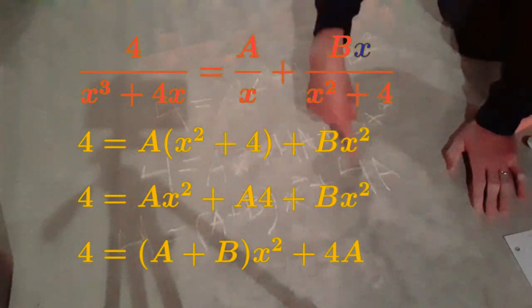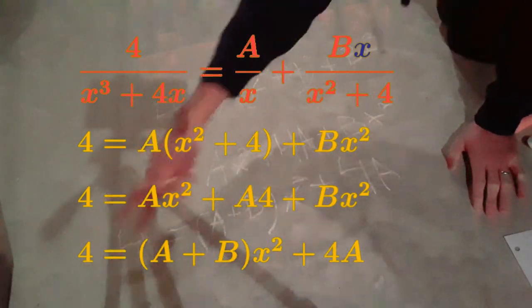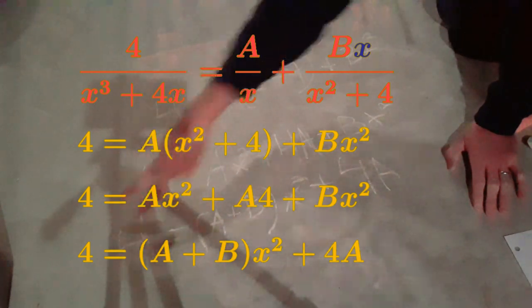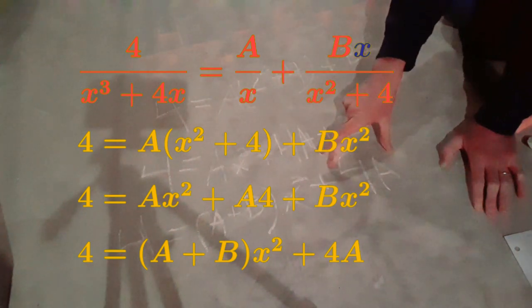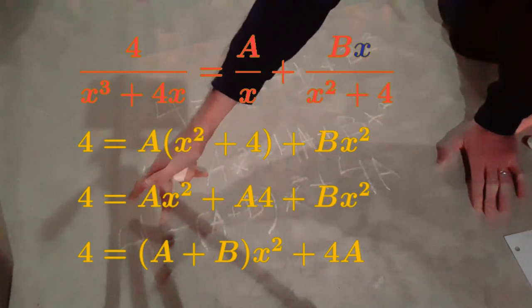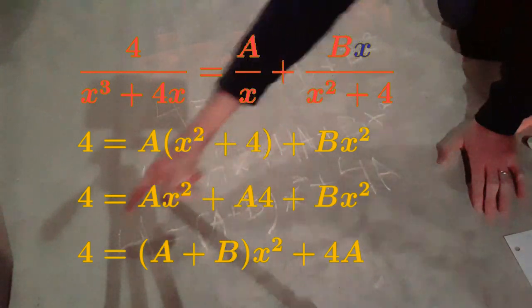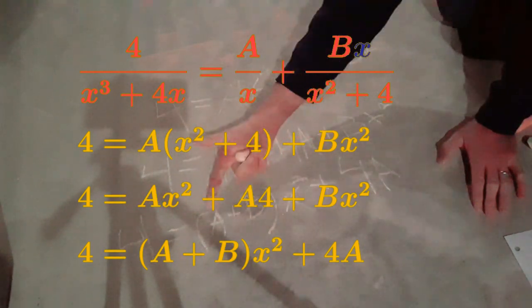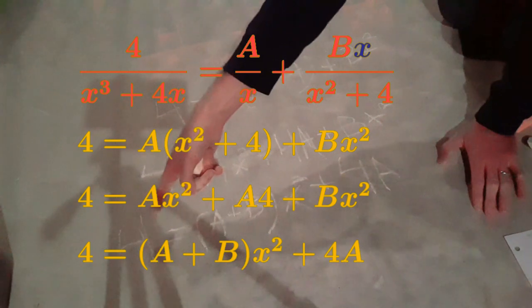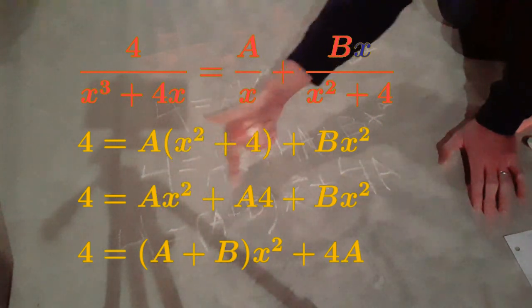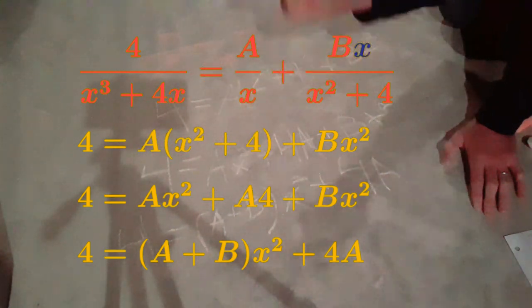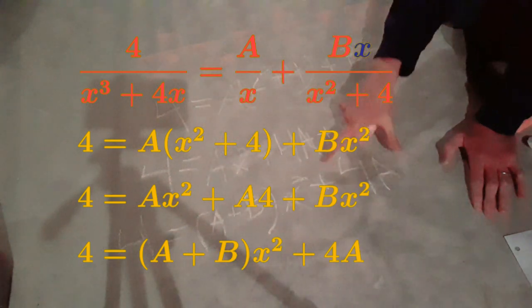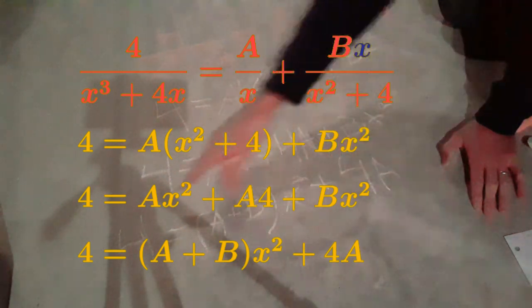We need to set these coefficients equal to the coefficients on this side. We don't see an x squared over here on this side. We do see an x squared here. We have a number here, and this essentially is a number here. Over on this side, the coefficient of x squared is 0, which means A plus B has to equal 0, which means these are additive inverses of each other. If we know one or the other of these, then we will know both A and B. Secondly, if we look at this, 4 times A has to equal 4.